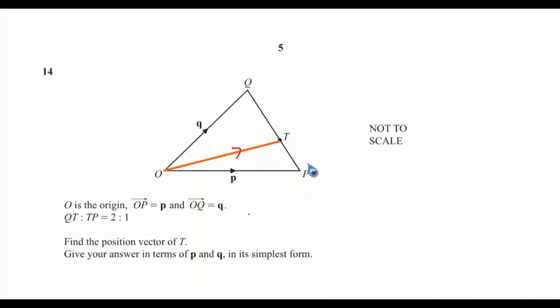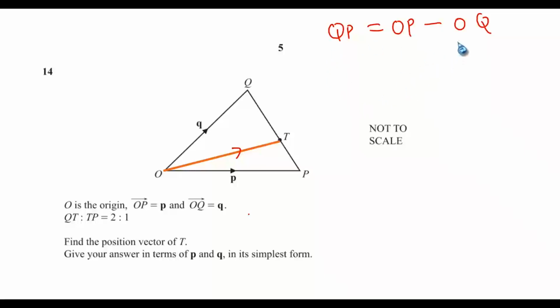So we need to firstly get QP. Since vectors OQ and OP are position vectors, QP will be OP minus OQ. I've shown you that already.